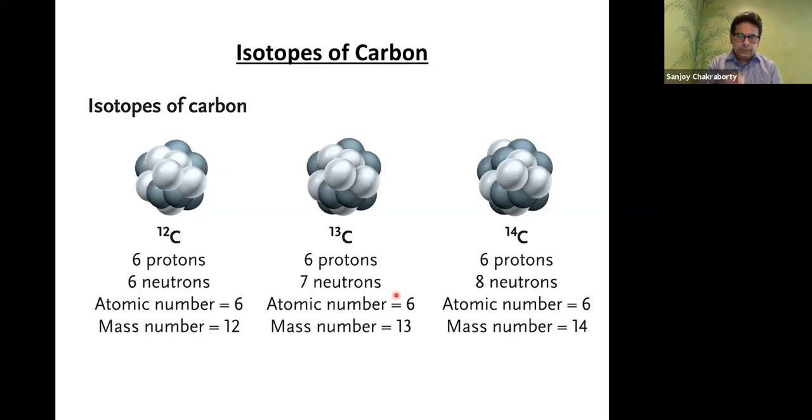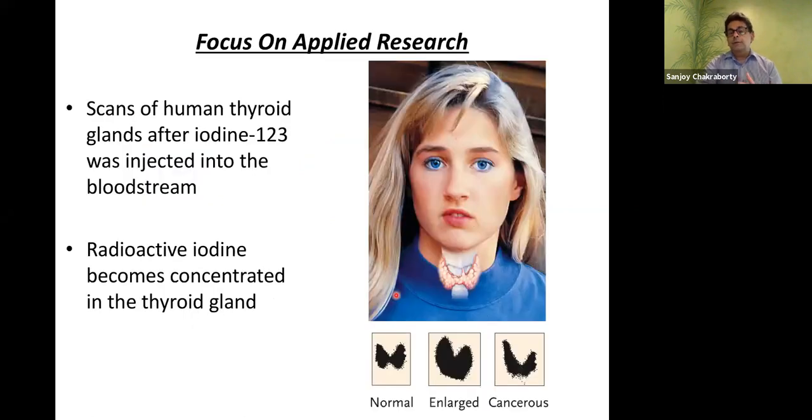So the reason I'm discussing this, I want to mention one more thing, because some of these radioisotopes can be useful for medical study or medical imaging study. Particularly, this example will define exactly what I meant to say. For example, iodine is the element that can be utilized by the thyroid gland. Thyroid gland is right here.